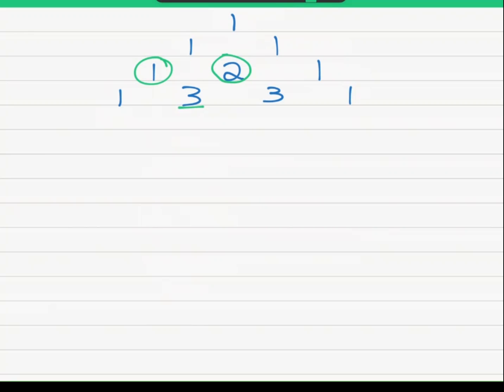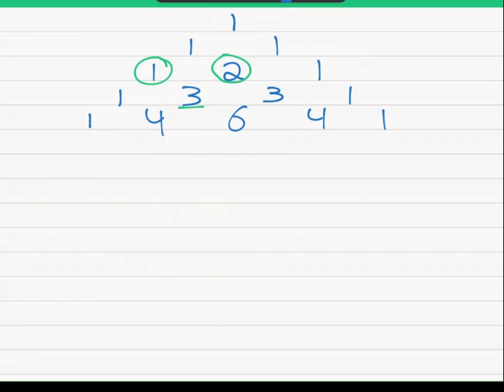That's how I end up with the next row of Pascal's triangle, as long as I know the previous row. So the 4th row, which I'm going to use to expand (x plus y) to the 4th, starts with a 1, then I add the 1 and the 3 to get 4, then I add the 3 and the 3 to get 6, I add the 3 and the 1 to get 4, and then it finishes with a 1.